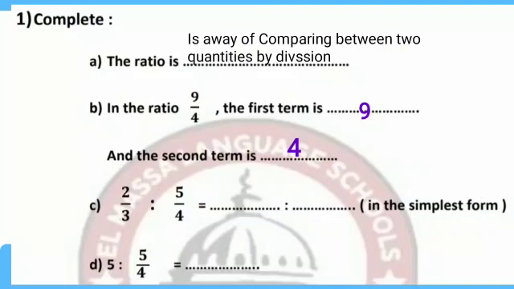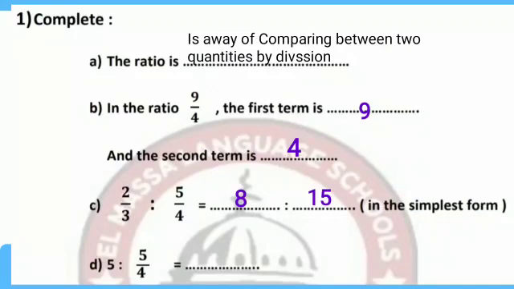C. 2/3 to 5/4. We will write 2/3 times 4/5. 2 times 4 equal 8 and 3 times 5 equal 15. So the answer is 8 to 15.